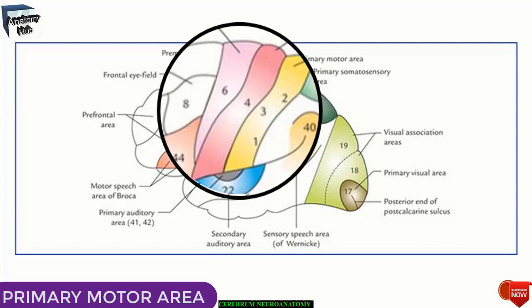About 40% of pyramidal or corticospinal and corticonuclear fibers arise from this area.